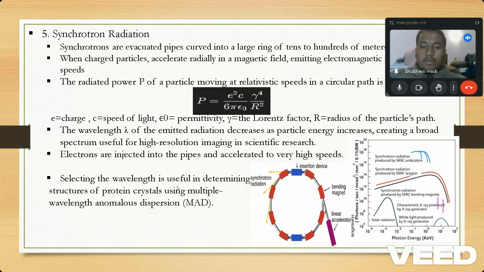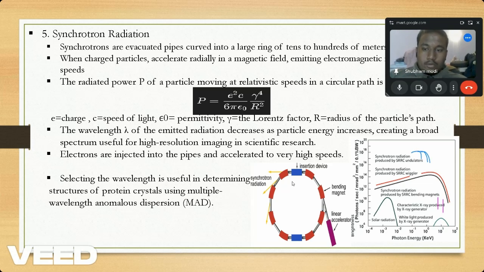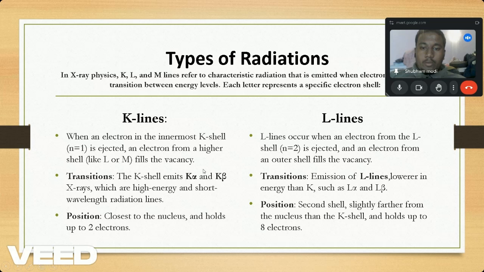The selection of wavelength is useful in determining structure of protein crystals using multiple wavelength anomalous dispersion. So this one is also important for synchrotron radiation. If we are able to select the wavelength, we can adjust accordingly as per the requirements.